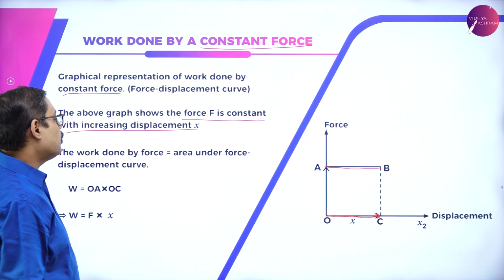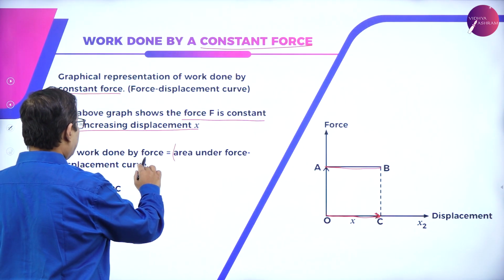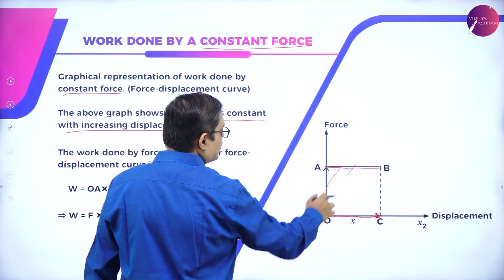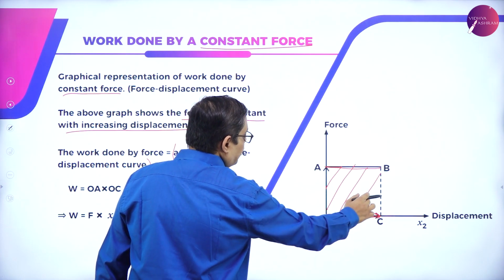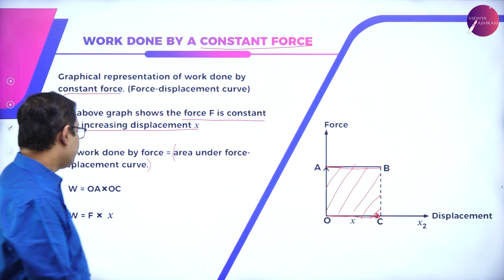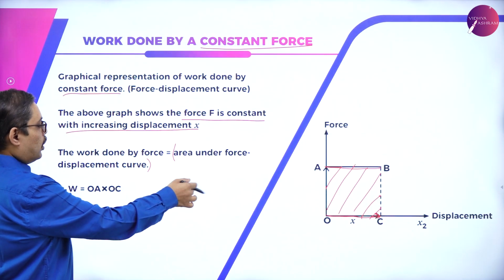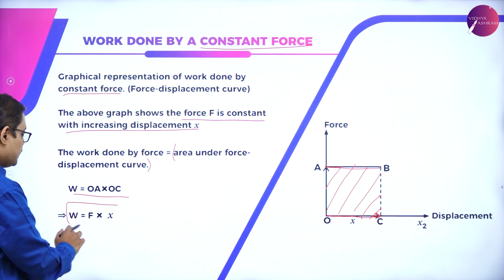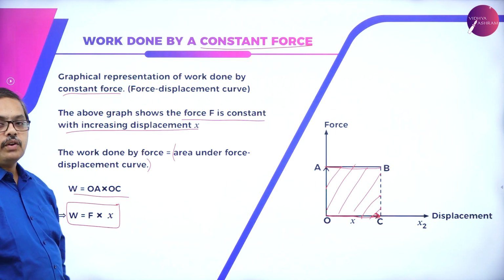The work done by force is typically given by area under the displacement curve. So whatever is the area under the displacement curve, this will let me know what is the work done. So work done is OA into OC, or typically work done is force into displacement, F into X.